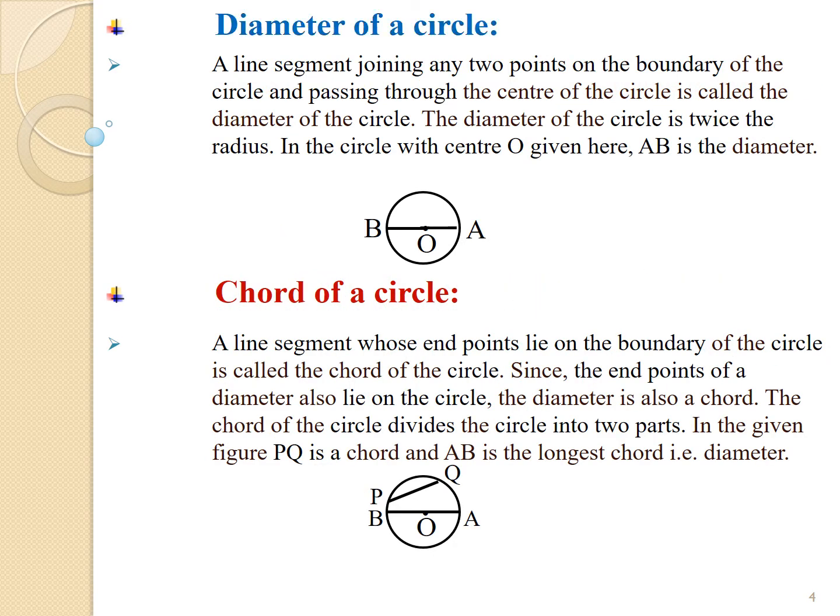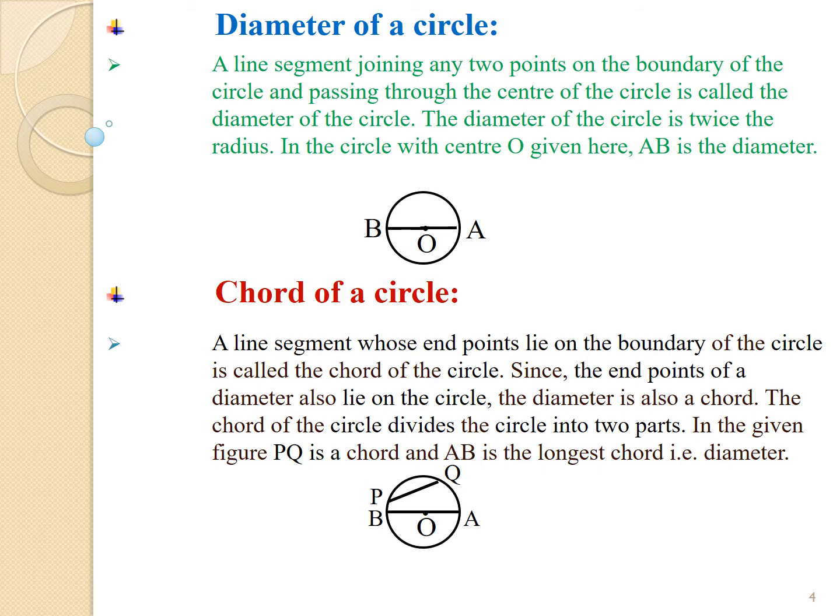Diameter of a circle. A line segment joining any two points on the boundary of the circle and passing through the center of the circle is called the diameter of the circle. The diameter of the circle is twice the radius.